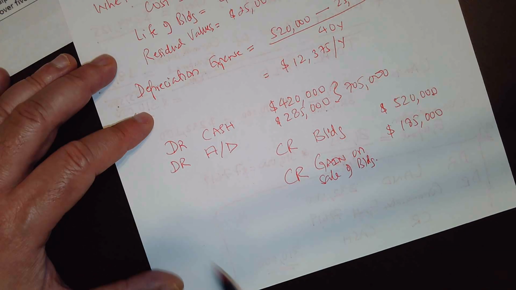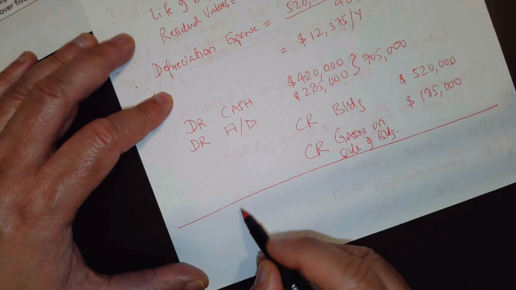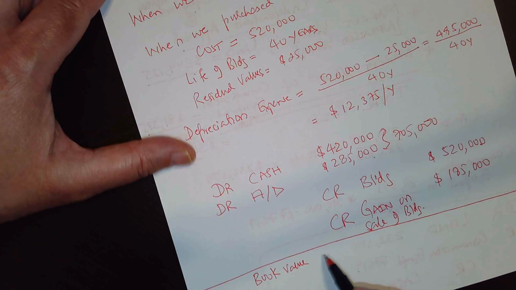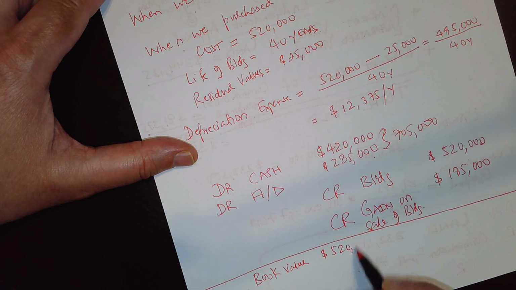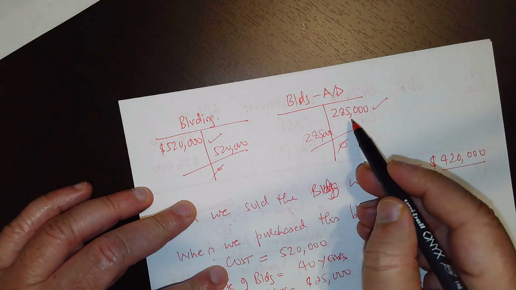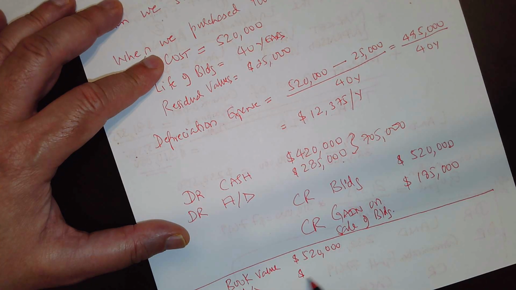There is another way of doing it. You take the book value, which is 520,000. You subtract the accumulated depreciation of 285,000.